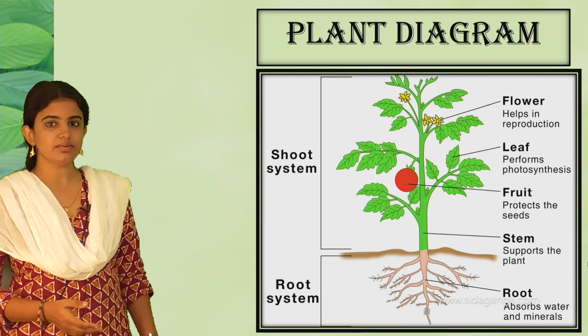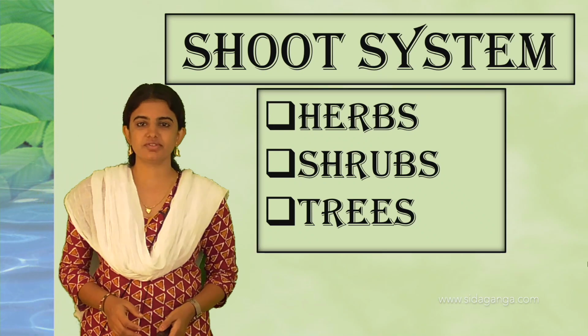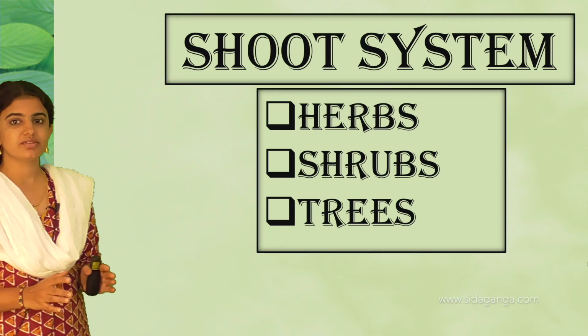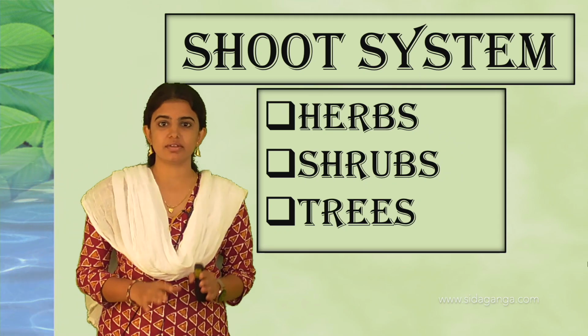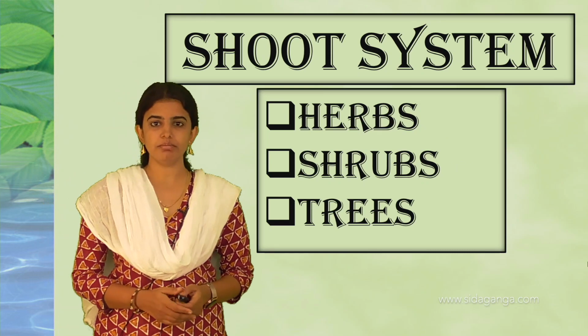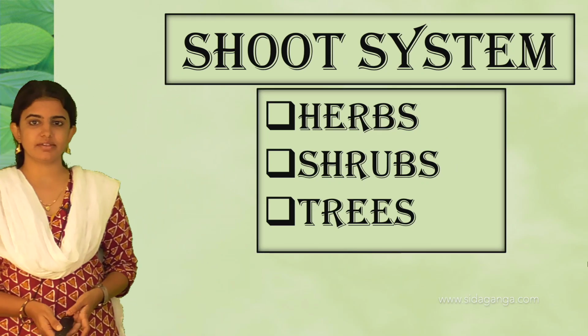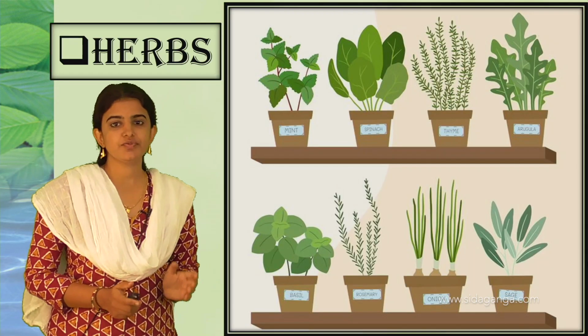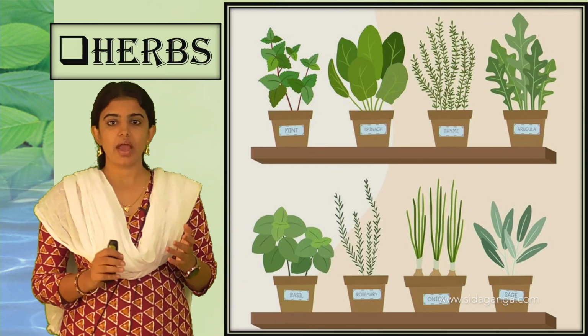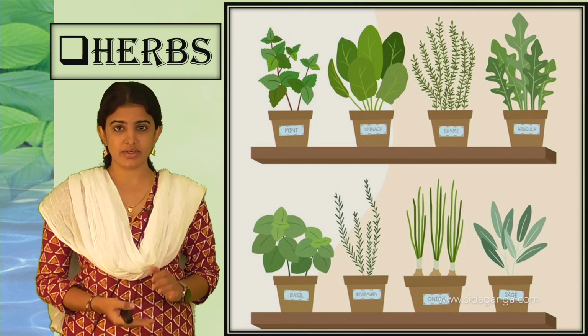Next one is the shoot system. Based on the stem modification, the plants in the shoot system are divided into three parts. First is the herb, then the shrub, as well as the trees. The first one is the herb. Herbs have small, tender stems, very tender and thin.